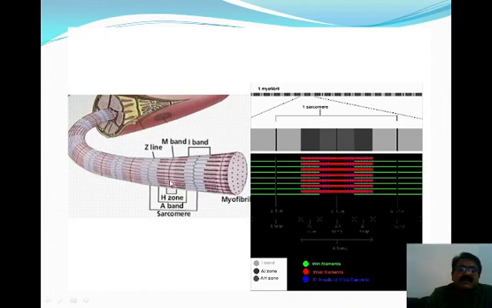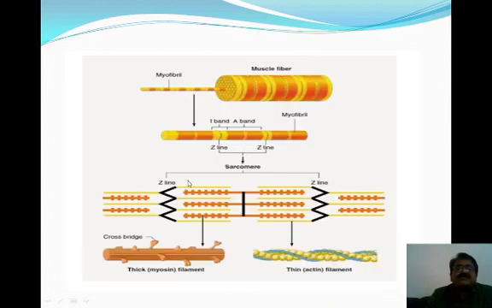In the A band there are the H zones, and in the I band there are the Z lines. The total unit is known as the sarcomere.